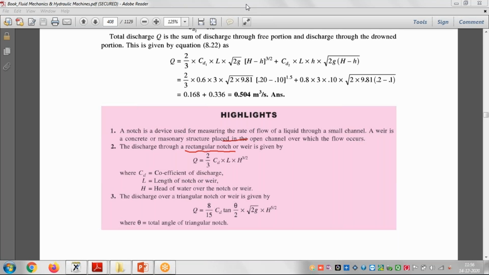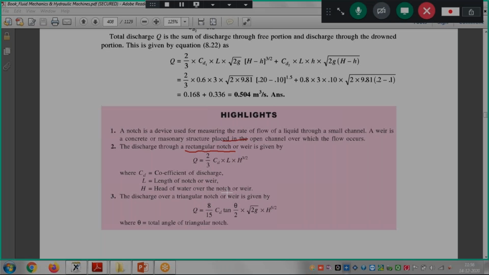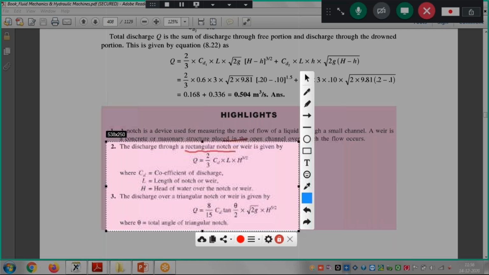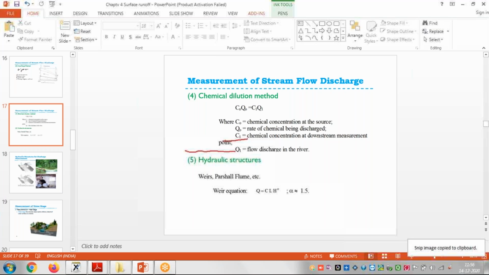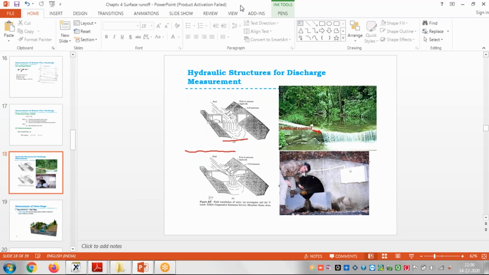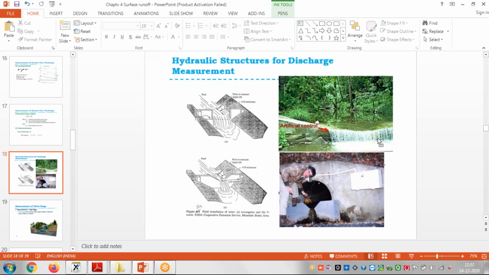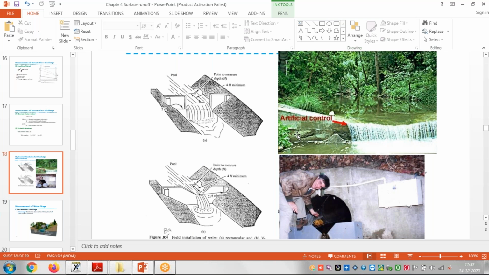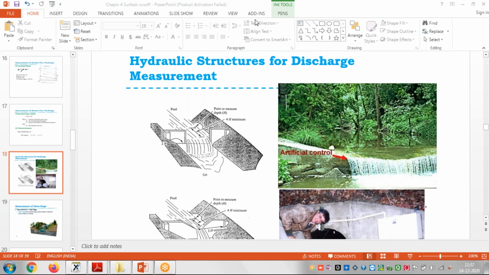Just I will tell you. Here, if I zoom in, you will see this.